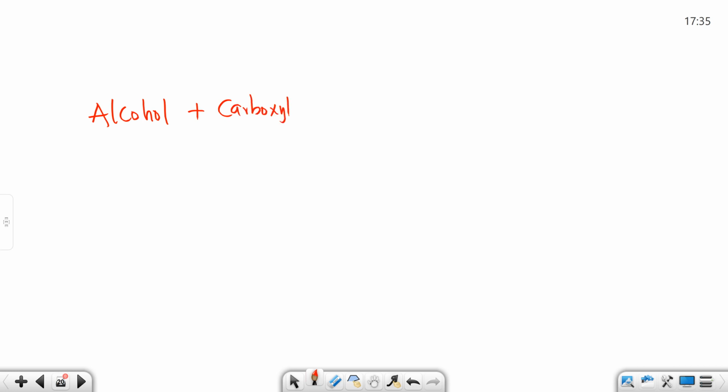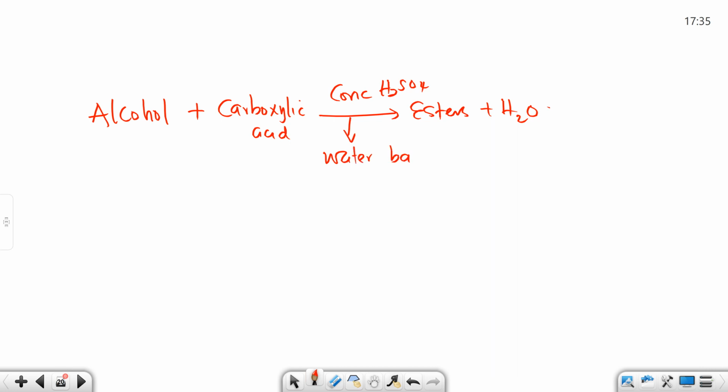Plus carboxylic what? Acid will give us what? Esters. In the presence of what? Concentrated sulfuric acid. And this is done over a water bath. Guys, this is done over what? A water bath. You know what a water bath is, right?